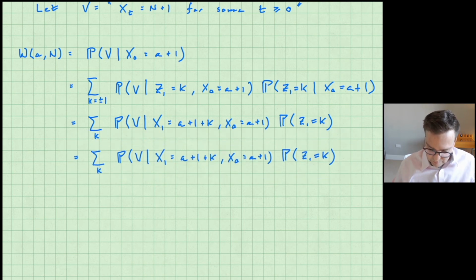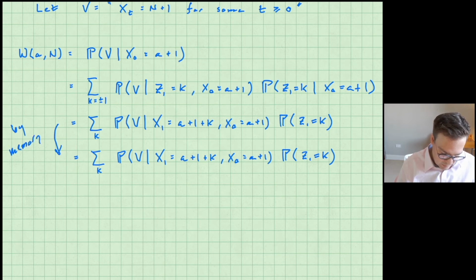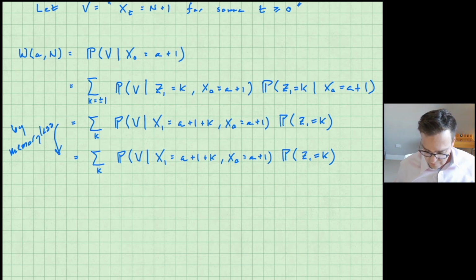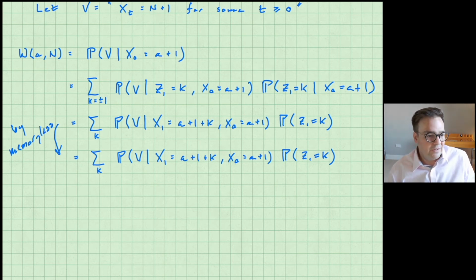Because of the memoryless property, the probability of victory given that x1 is A+1+K and that x0 is A+1 is the same as just the probability of victory given that x1 is equal to A+1+K.